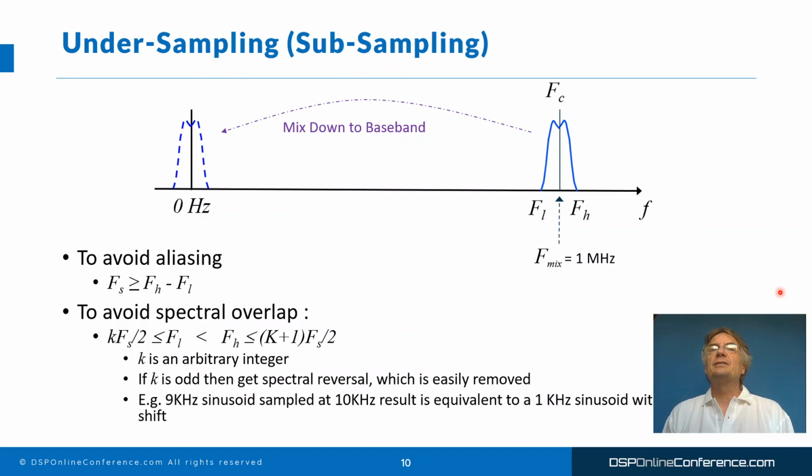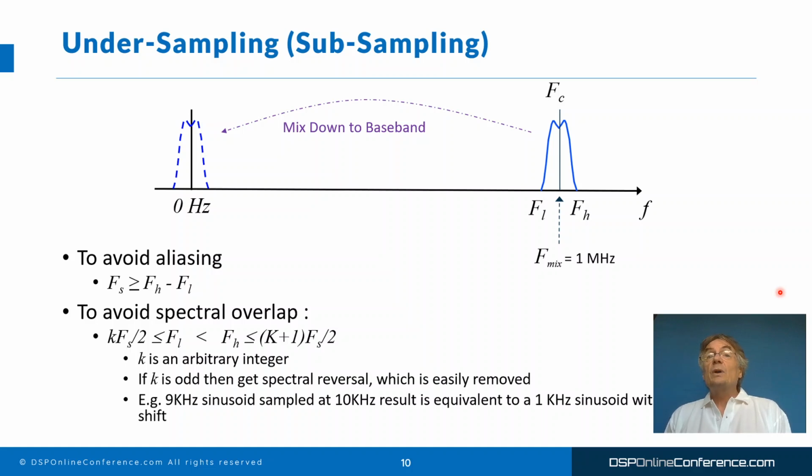So this is a diagram that explains the process of undersampling, or subsampling as it's sometimes called. It is just an amplitude modulation task of bringing the signal down from the carrier frequency, which in this diagram I've shown as 1 megahertz, so it's actually 3.3 megahertz, down to baseband.